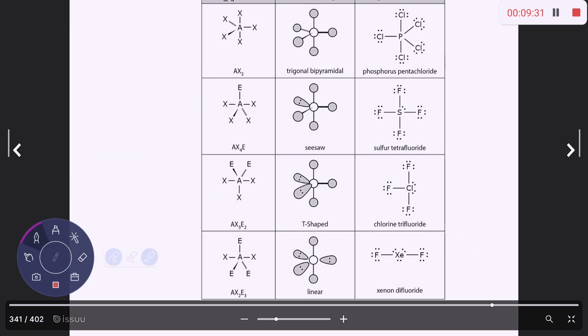So let me explain a couple things here. So here we're going to have 5 electron groups. You will notice that there are 4 different options. I want to make a note because of your lab. Your X's are your bonded groups. And your E's are the lone pairs on the central atom.